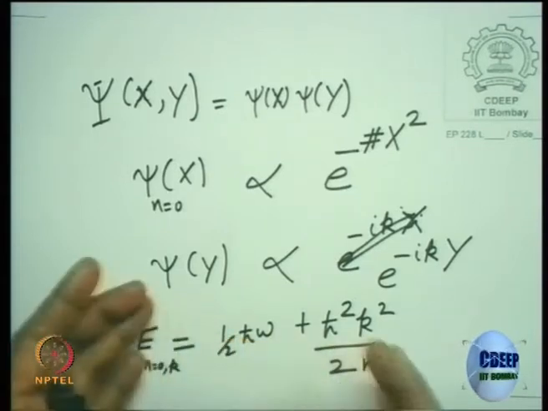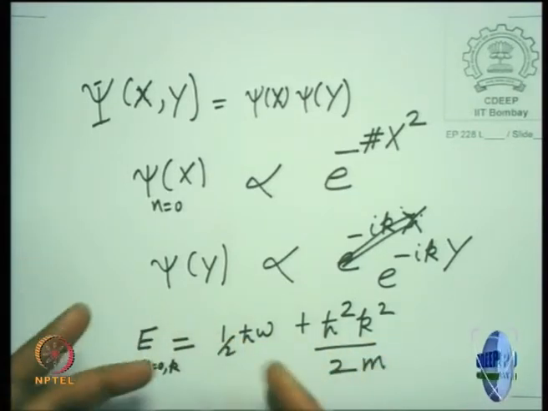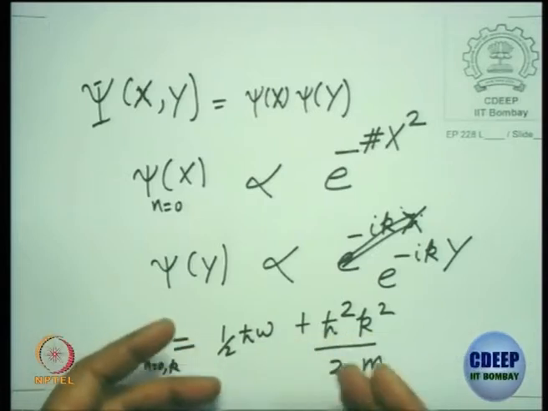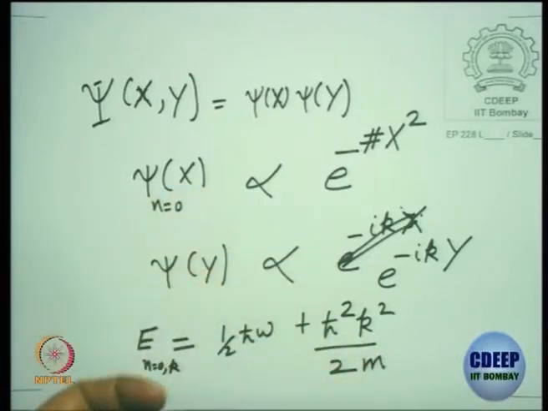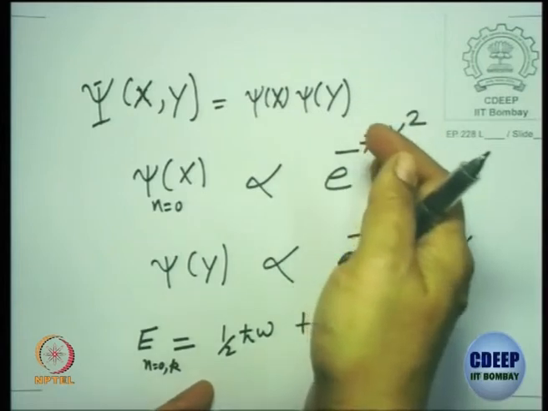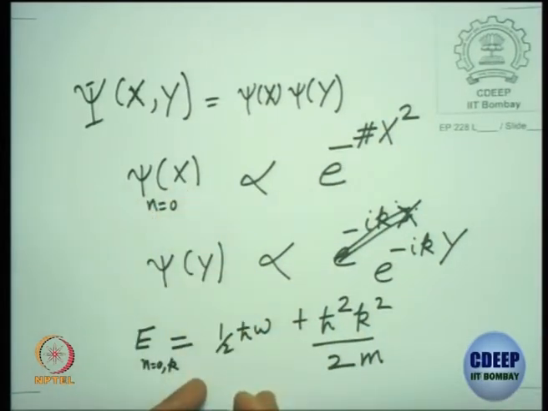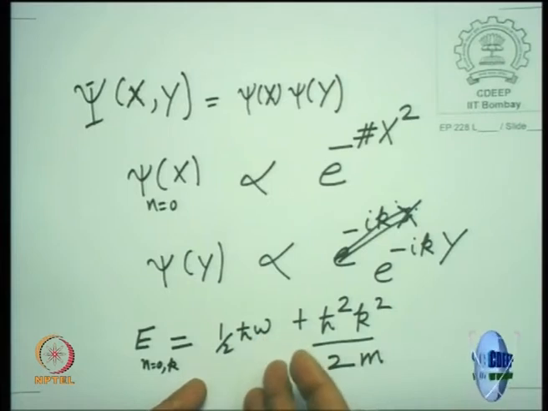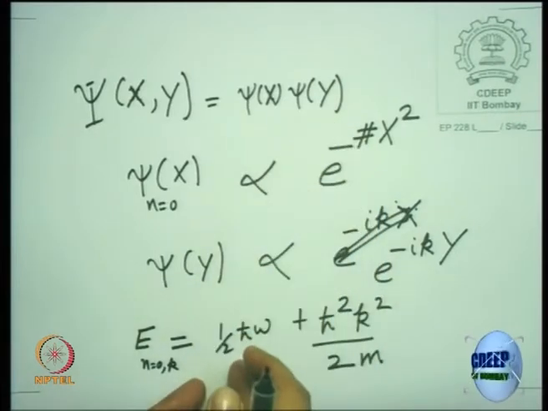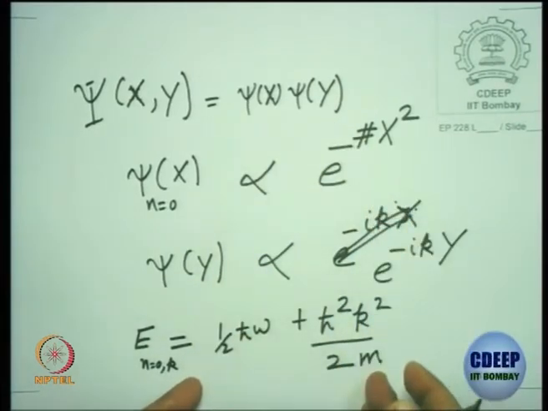In the earlier case, in the 2-dimensional harmonic oscillator, you had (nx plus half) h cross omega plus (ny plus half) h cross omega. But here the capital X is like the harmonic oscillator, and I am specifically taking the ground state. So it will be half h cross omega for the capital X coordinate, and for the capital Y coordinate it will be like a free particle.